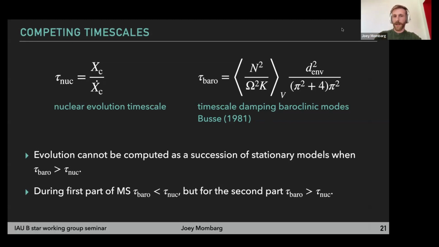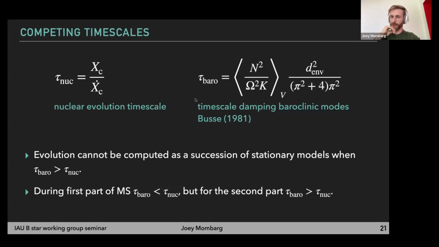If the baroclinic timescale is larger than the nuclear timescale, it means that we cannot do evolution by using a succession of these stationary models that I talked about before. In that case, if you have a high enough rotation rate, it will always evolve towards critical rotation rate.